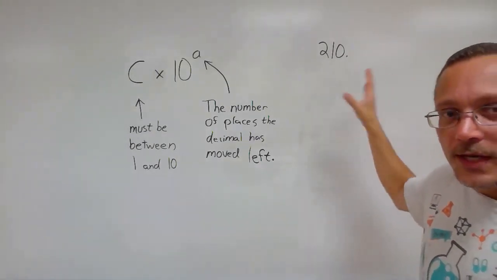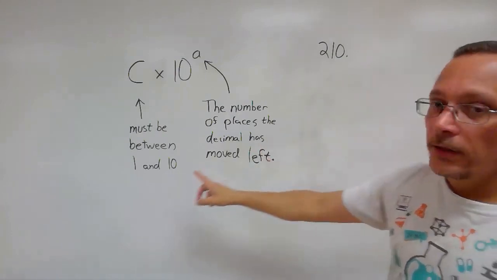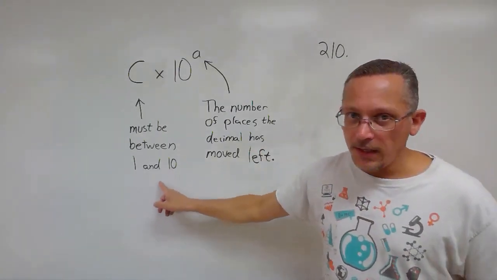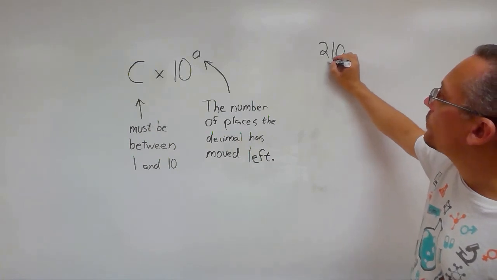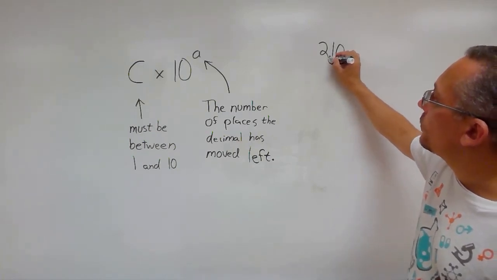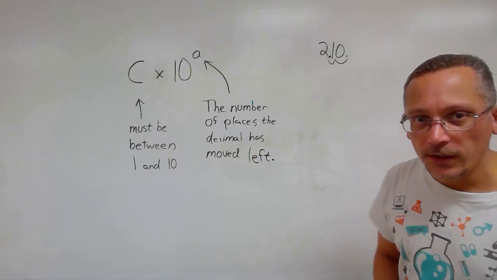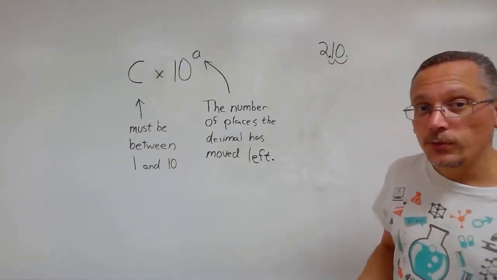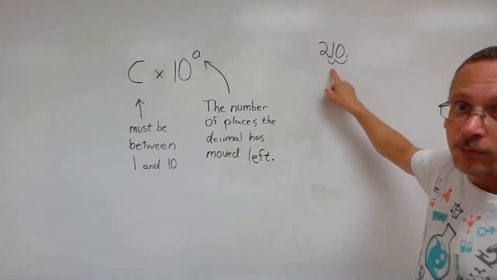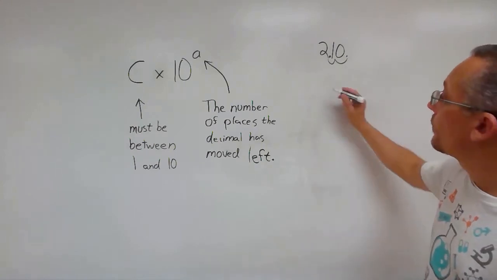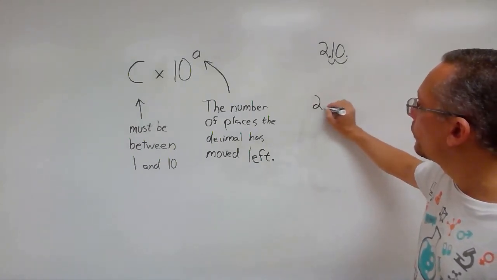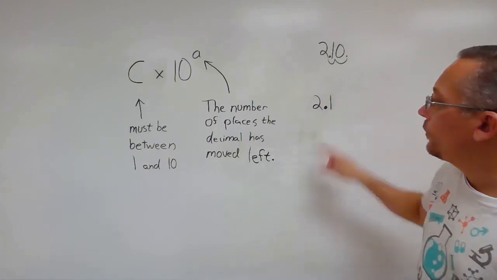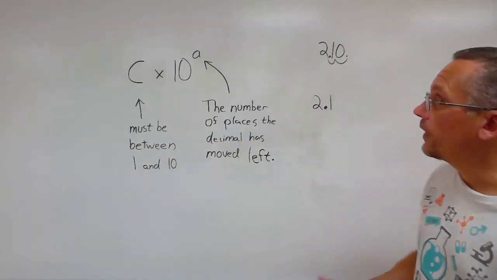How can we move that decimal point so that this number will be a number between 1 and 10? Well, if I move this decimal point a couple places over this way, so that it's right here between the 2 and the 1, then I have a number that's between 1 and 10. Now it's going to be 2.1. 2.1 is between 1 and 10, right?